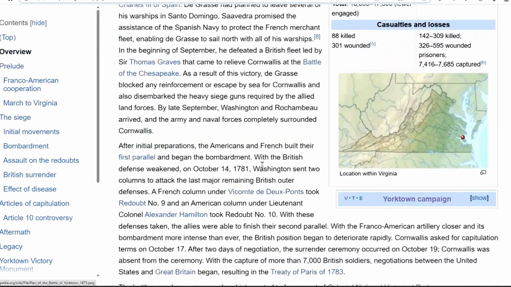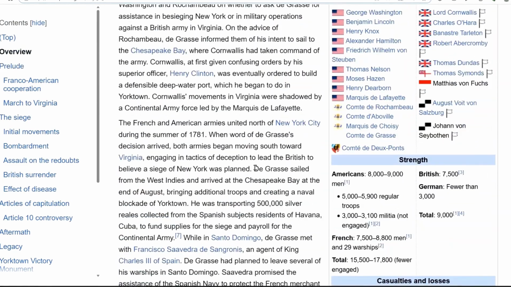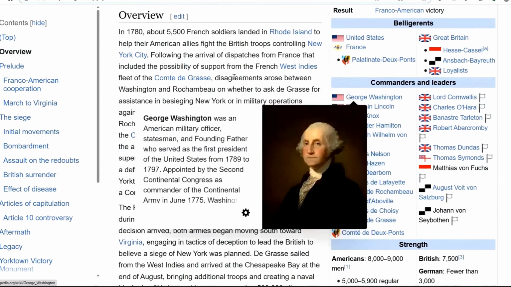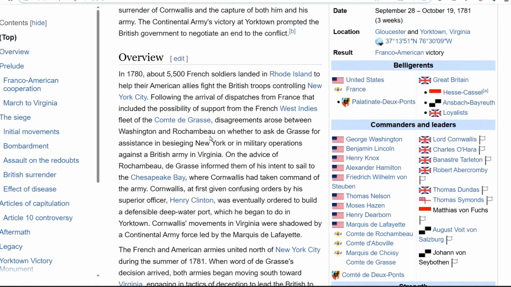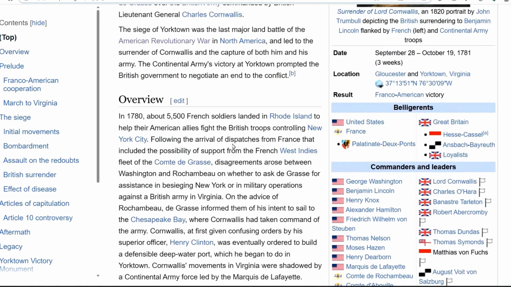It can also be pointed out that the commander-in-chief was George Washington, and so it was essentially an American victory with a bit of French help.